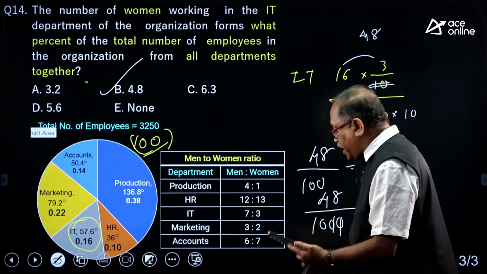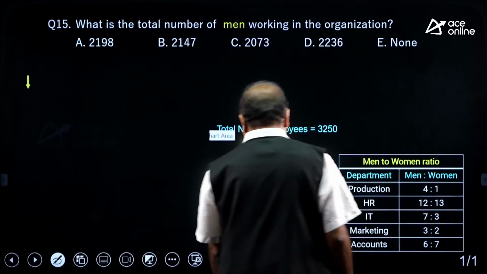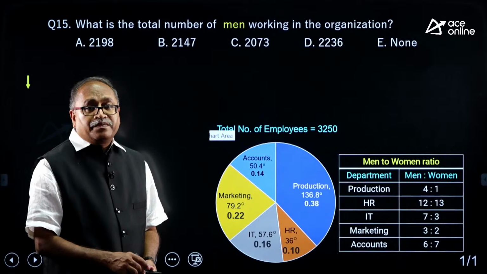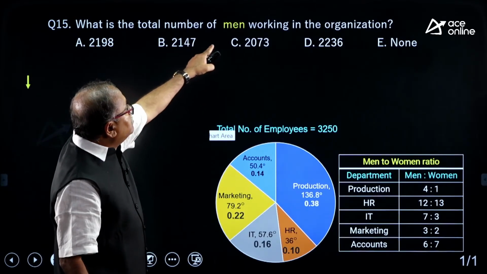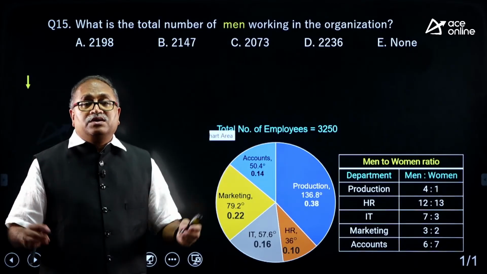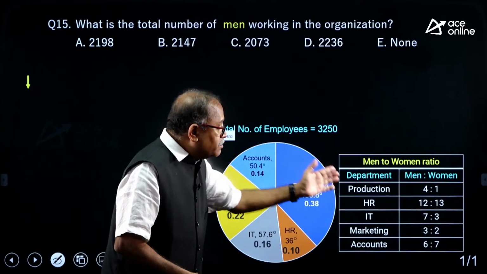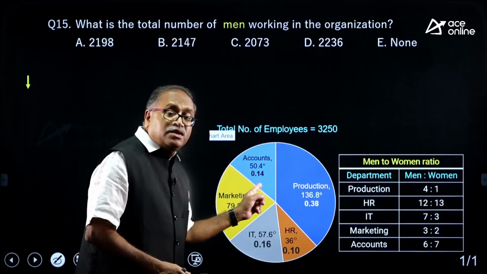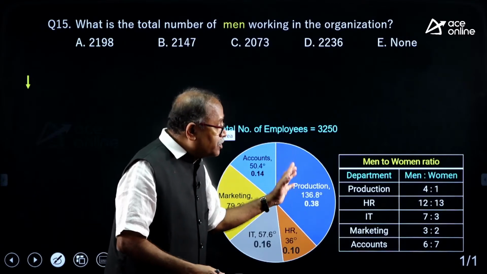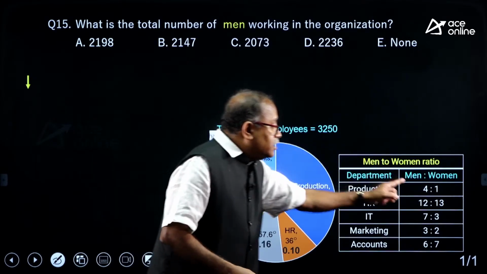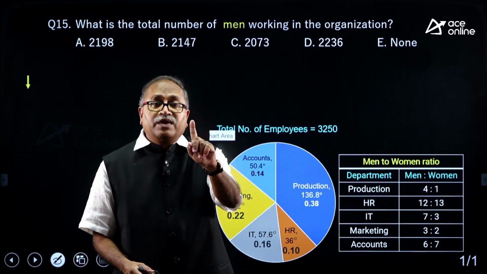Okay, and the last question here, and you will find that the last question is a very lengthy question. You should skip questions like this. Look at this. What is the total number of men working in the organization? Total number of men. So, from each department you have to calculate the number of people, and from that number of people, from production you got the number of people, and again use the ratio, and then you will get men. That is only one part of the calculation.